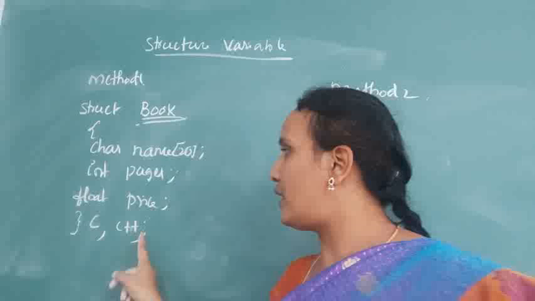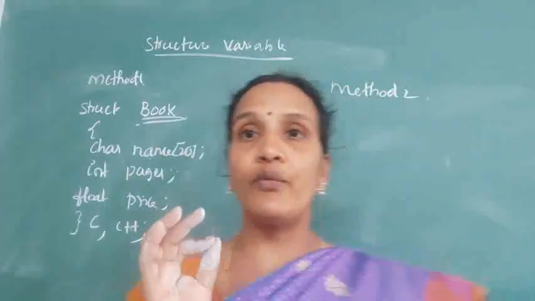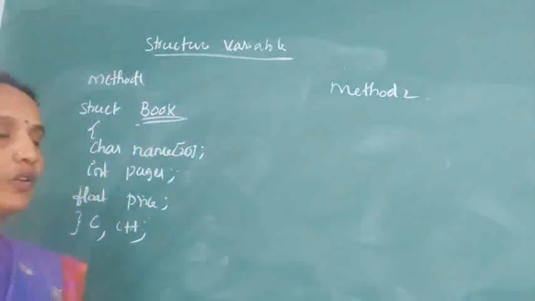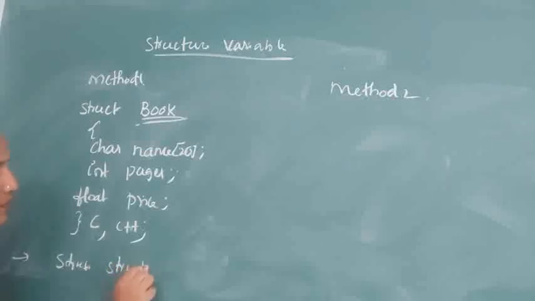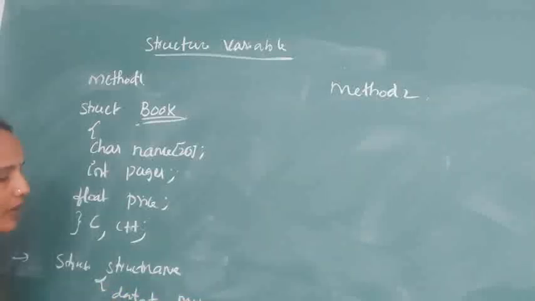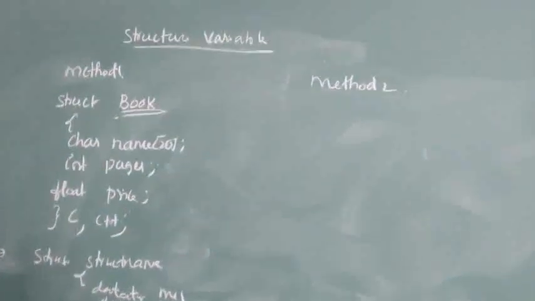That C and C++ are called variables of this structure. Understood? This is the first one. Syntax: struct name, opening brace, give the data members: data type member 1, data type member 2, and so on, data type member n.